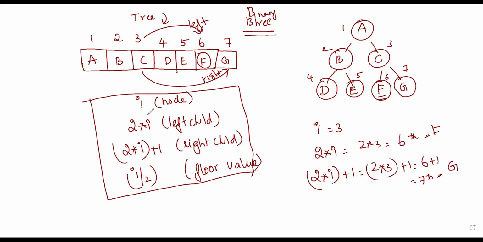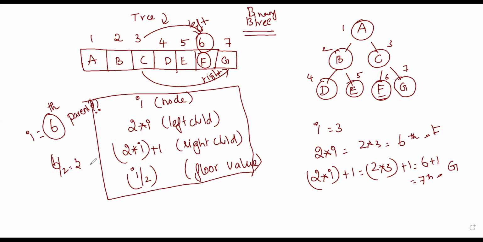For example, if I want to find a particular node's parent, say for node 6, I want to find the 6th node's parent. How to find it? By using this formula, I by 2. So I is equal to 6, and 6 by 2 is 3.